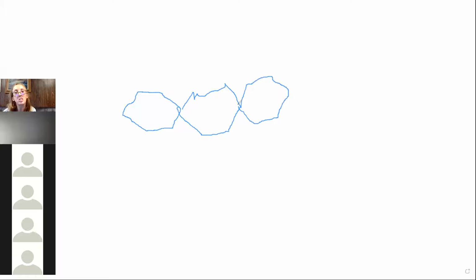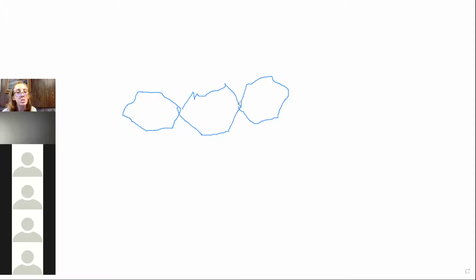That's what that is. It's a sugar. Sugars and carbohydrates are often interchangeable. In biology, we refer to it as carbohydrates, but that's what sugars are.